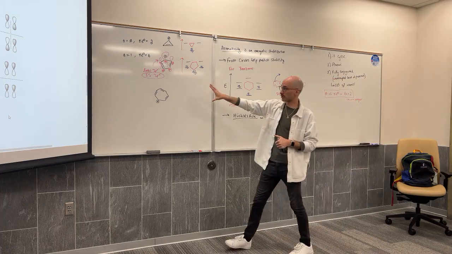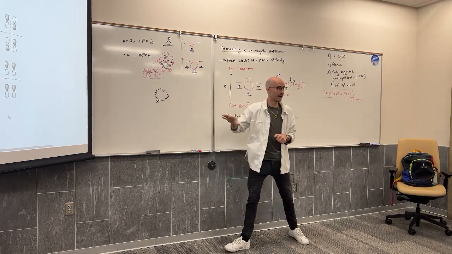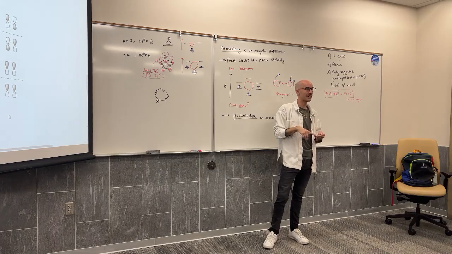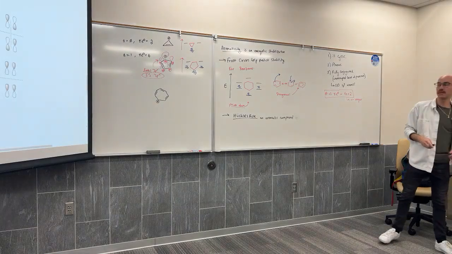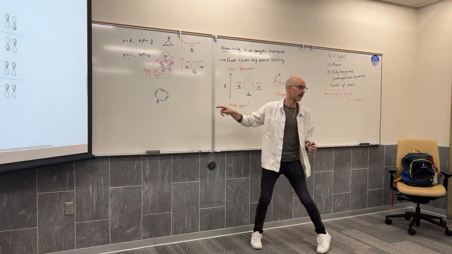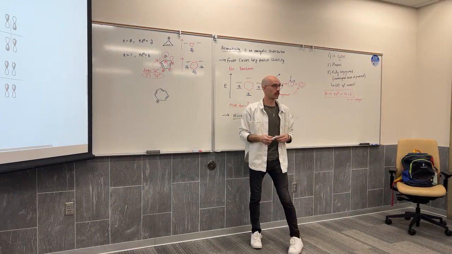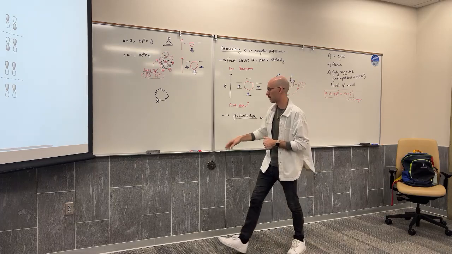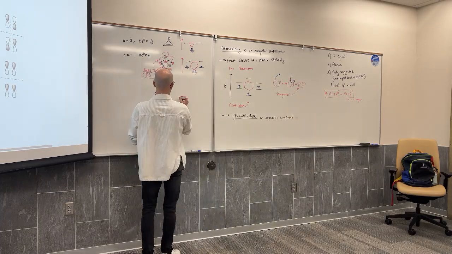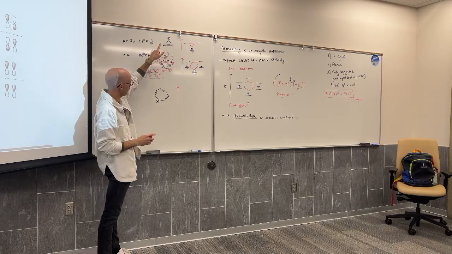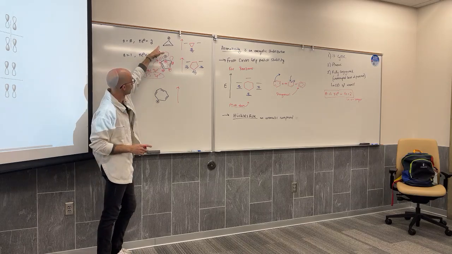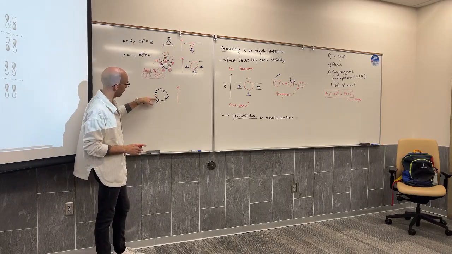Now, Huckel's rule says that this compound, the cycloheptatrienyl cation, is aromatic according to being cyclic, planar, and fully conjugated. And for the same reason that with the cyclopentenyl cation we knew every atom was conjugated, we have the same thing here.